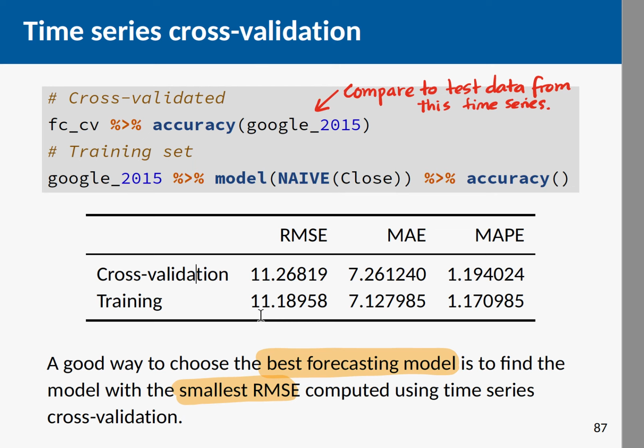And here we see that the training data set outperforms the cross-validation technique, and this is pretty obvious because you have the fitted model based on the entire data set rather than those representing true forecasts. So if you really wanted to compare cross-validation, you would actually compare it to the test set. A good way to choose the best forecasting model is to find the model with the smallest root mean squared error computed using time series cross-validation.